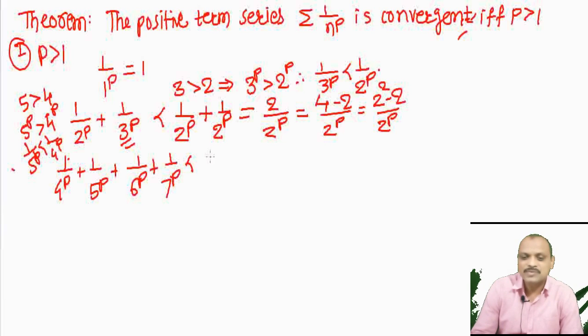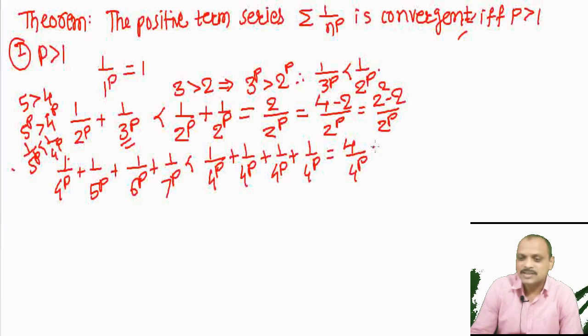Everywhere we replace with 1 divided by 4 raised to p plus 1 divided by 4 raised to p plus 1 divided by 4 raised to p. This will be 4 divided by 4 raised to p, and this is equal to 8 minus 4 divided by 4 raised to p, that is 2 cube minus 2 square divided by 2 square whole raised to p. Okay, so like this.